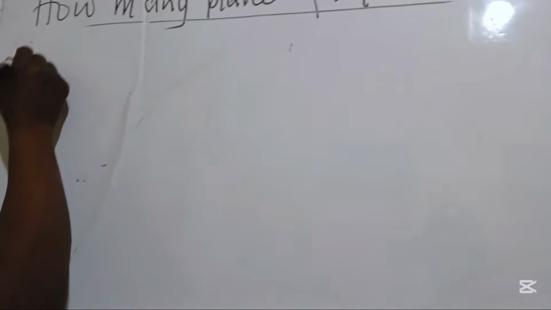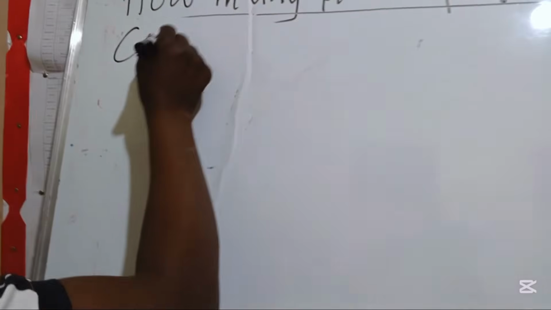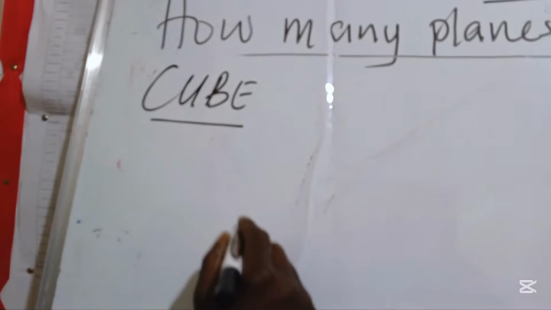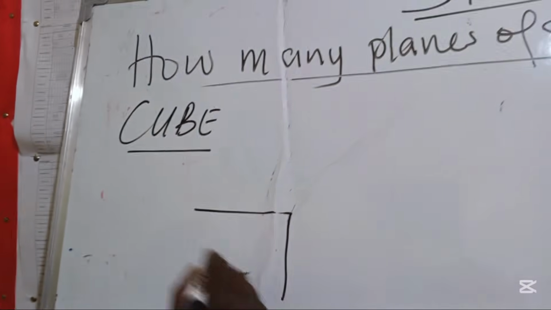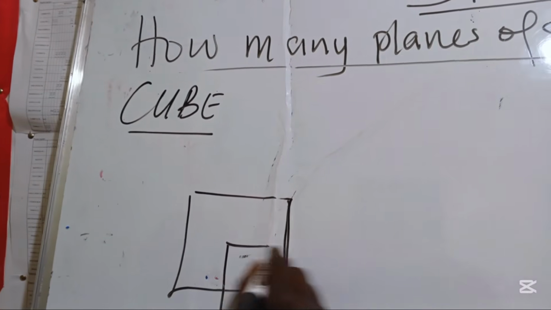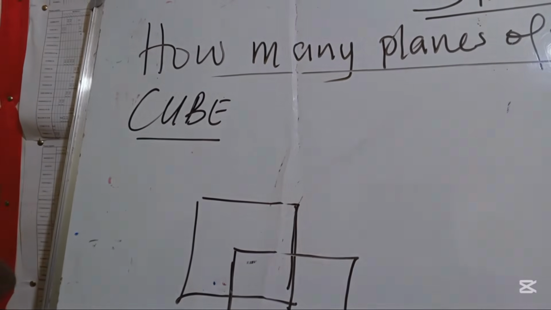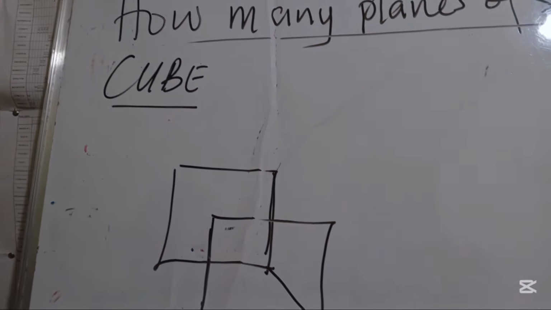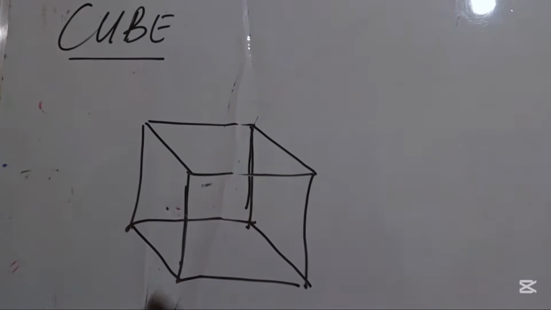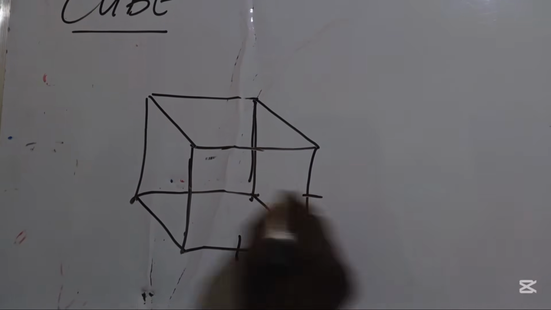A cube, ladies and gentlemen, all sides are equal. It looks like this. Since all sides are equal, it is like this.